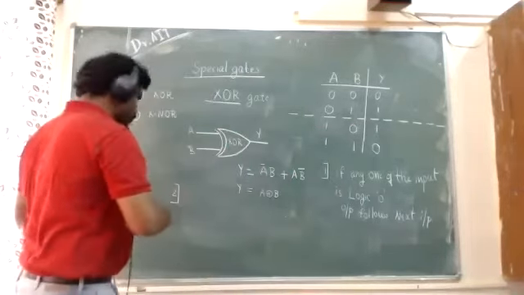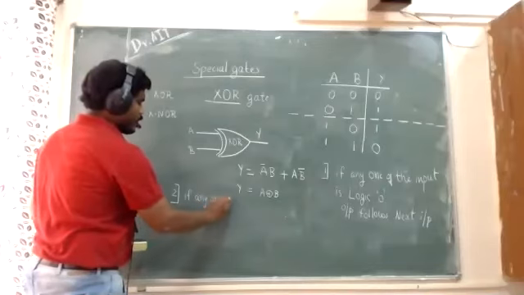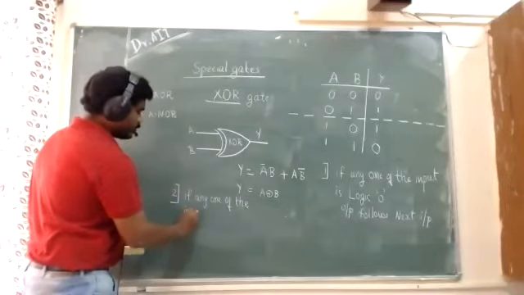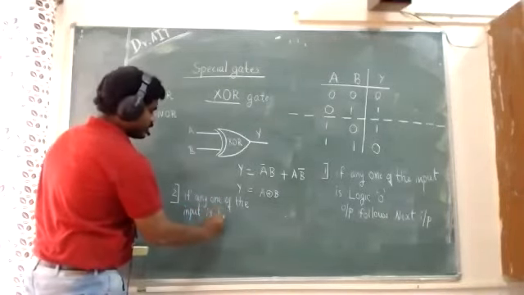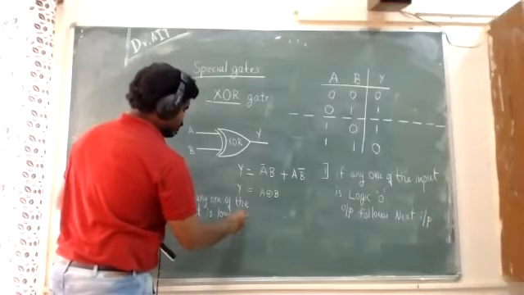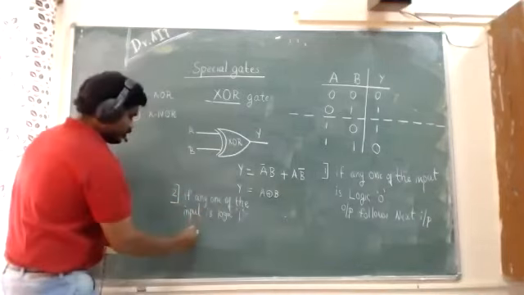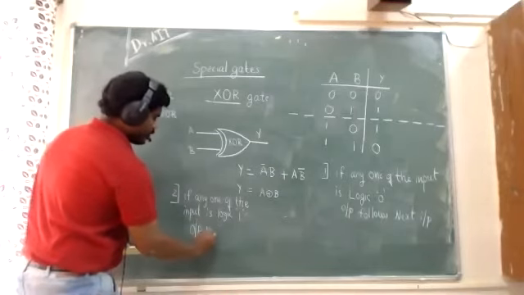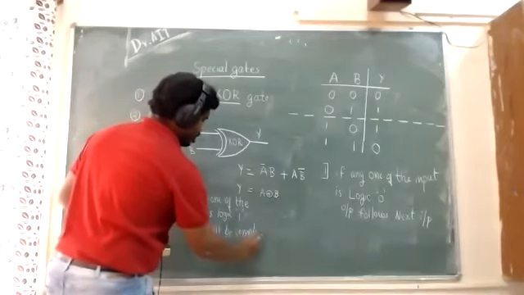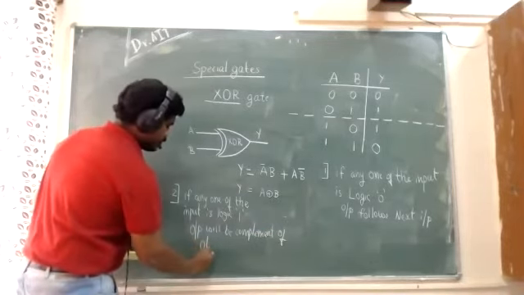The next special property of the XOR gate is, if any one of the inputs is logic 1, then the output will be the complement of the other input.